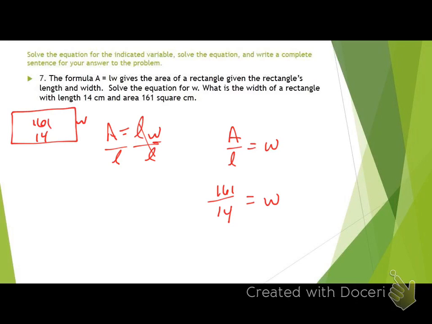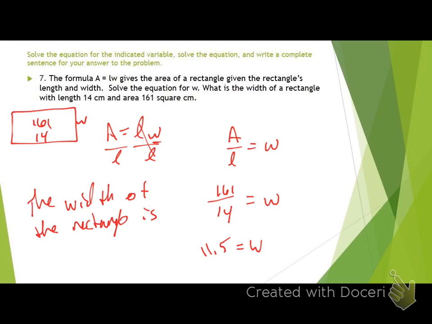And if we want to find the width, we just divide 161 by 14 and find that the width of the rectangle is 11.5 centimeters. Okay, so that's a little bit more straightforward than the other ones.